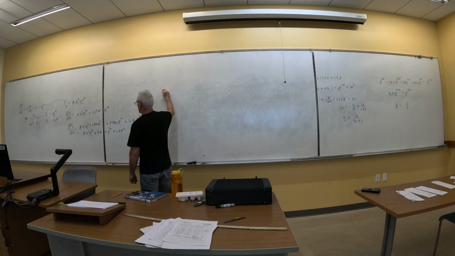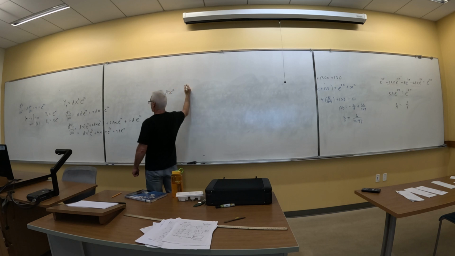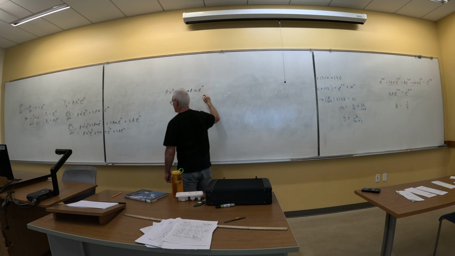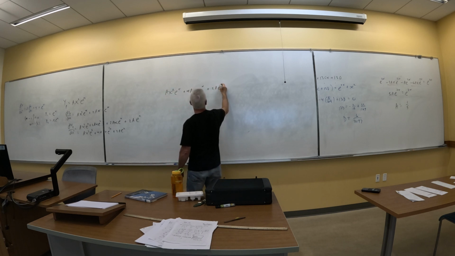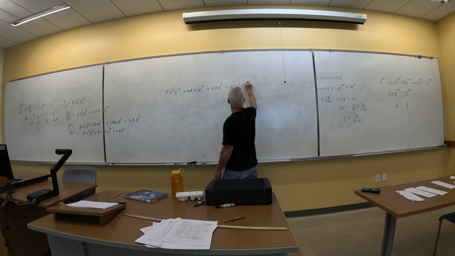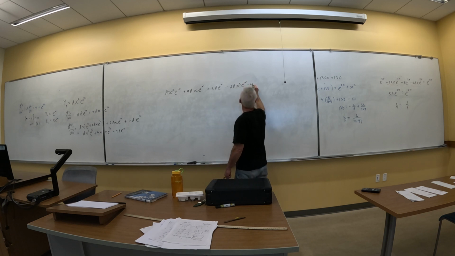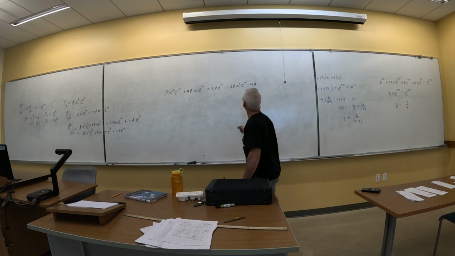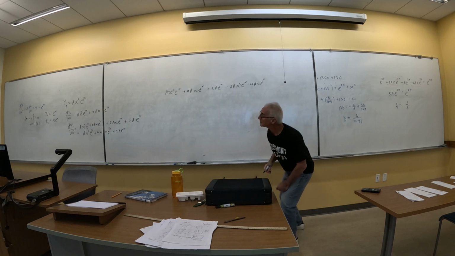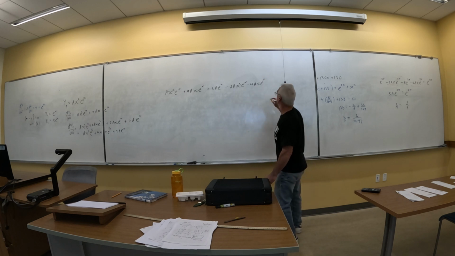All right, so let's solve. So ax squared e to the x plus 4ax e to the x plus 2a e to the x, and then minus 2 times the first derivative, so minus 2ax squared e to the x minus 4ax e to the x, and finally plus ax squared e to the x.